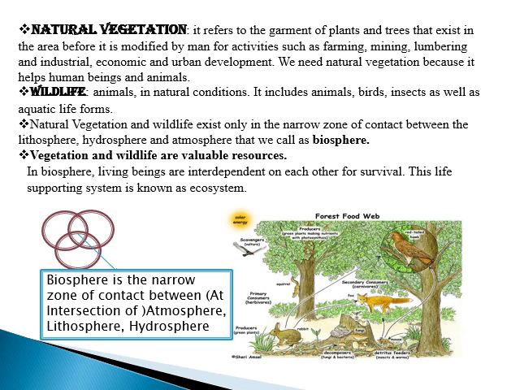Hydrosphere is the element of water present on earth, right? So exactly at the point where these three meet, in that narrow zone, we can find life. So these two are very important biotic, living forms of resources.